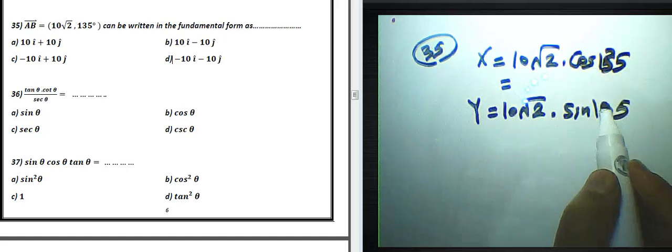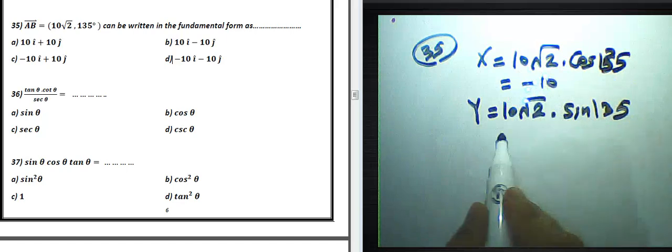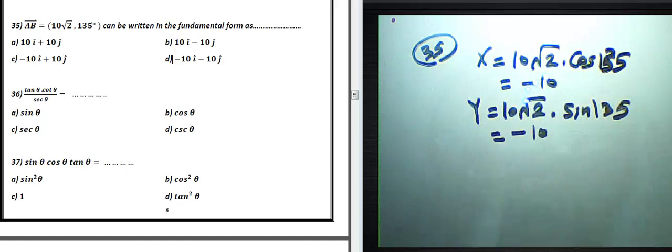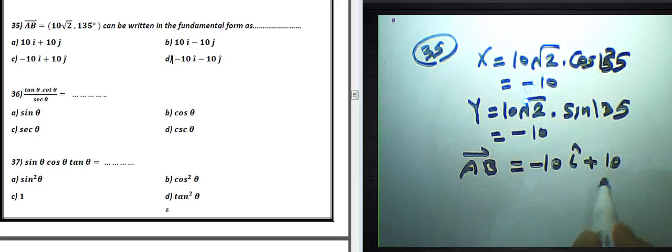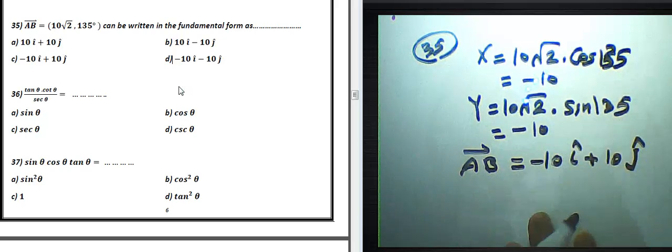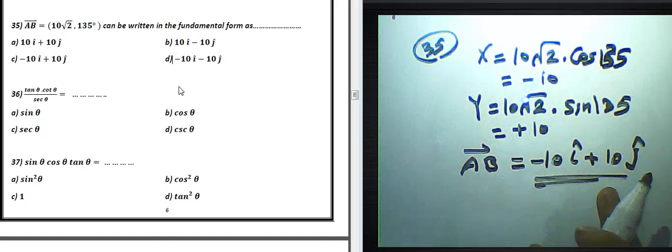Cosine 135 equals negative 1 over root 2, and multiplying, the result equals negative 10. So vector AB equals negative 10 in direction I and 10 in direction J. Is the result negative or positive? Sine 135 will be positive because it lies in the second quadrant. Okay, positive. Choose letter C.